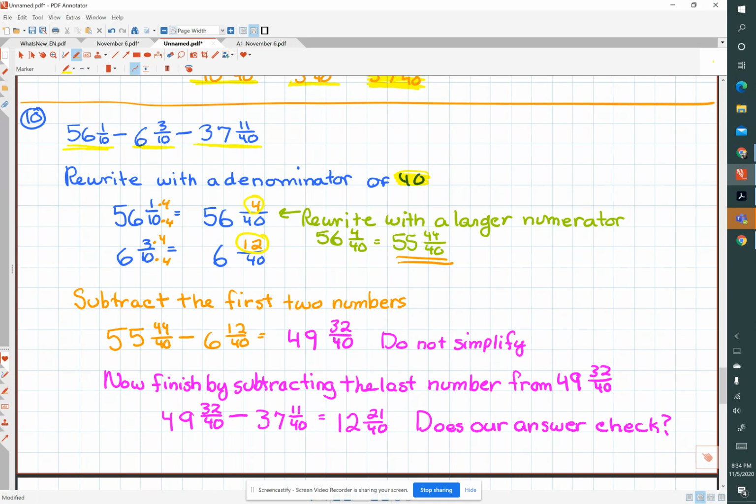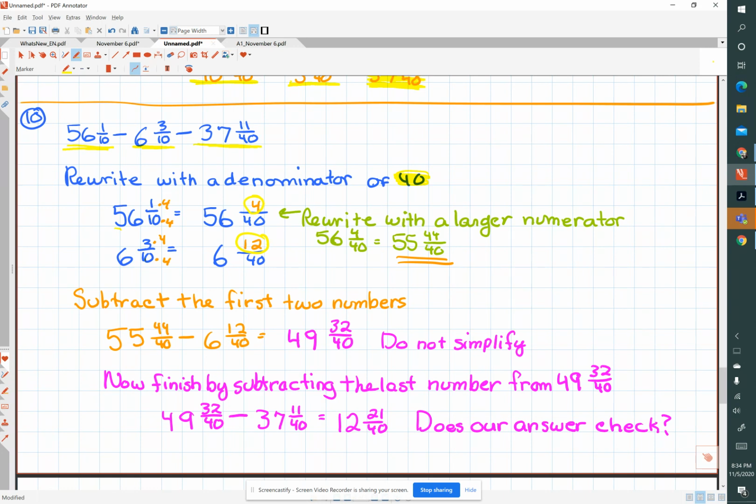So we're rewriting 56 and 1/10 by multiplying both the numerator and denominator by 4 to give us 56 and 4/40. We're writing 6 and 3/10 by multiplying both the numerator and denominator by 4 again, because our denominator is 10 in both instances. And this gives us a fraction of 6 and 12/40.